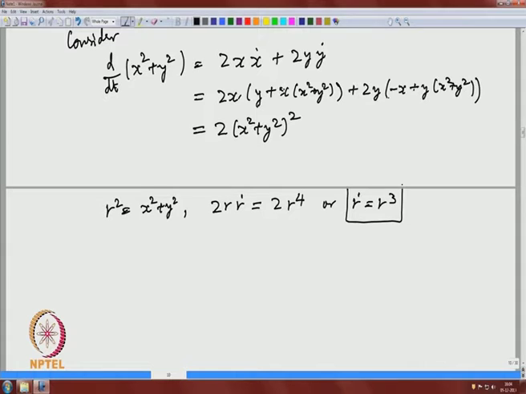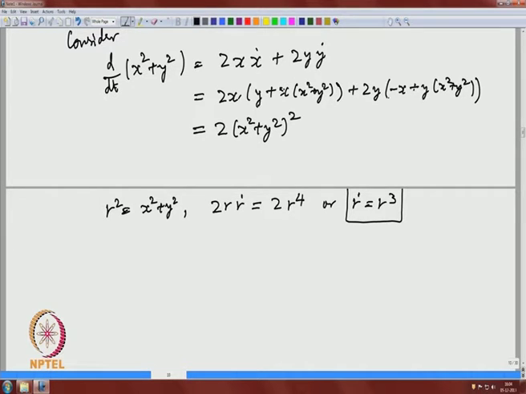So, for this single variable r, I get a first order differential equation, non-linear, that is fine. Okay. And you see this r is positive all the time, because we are taking x square plus y square.